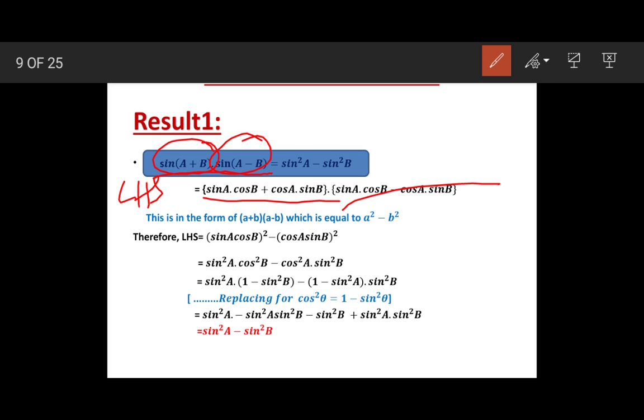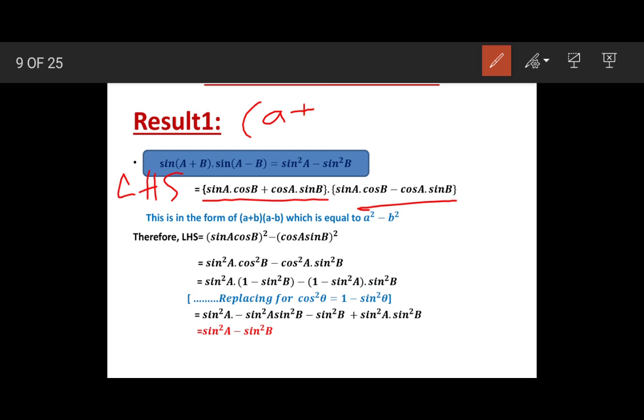Okay. So after applying the sin(a plus b) and sin(a minus b) formulas, next, see these terms. This is nothing but like (a plus b) into (a minus b), right?